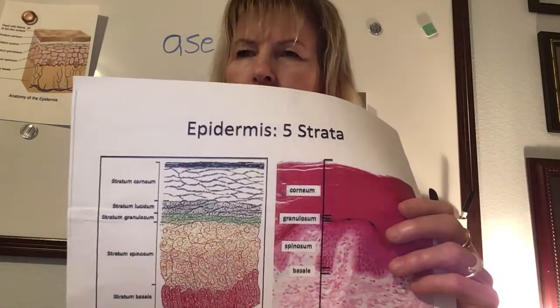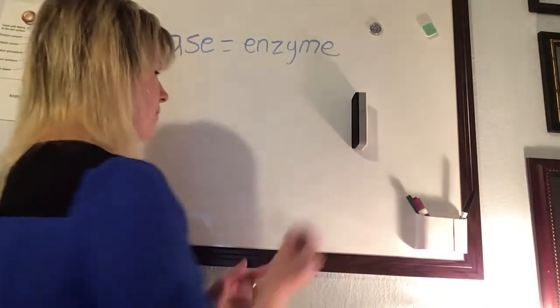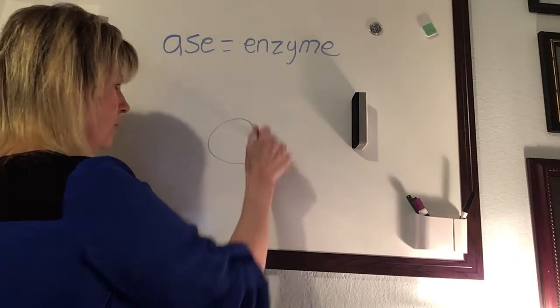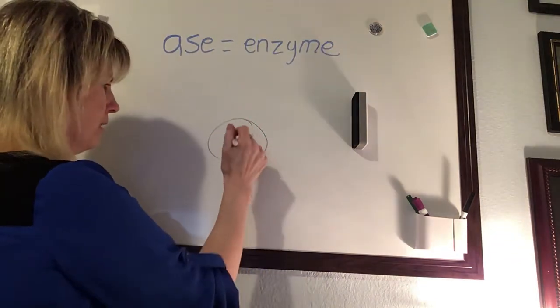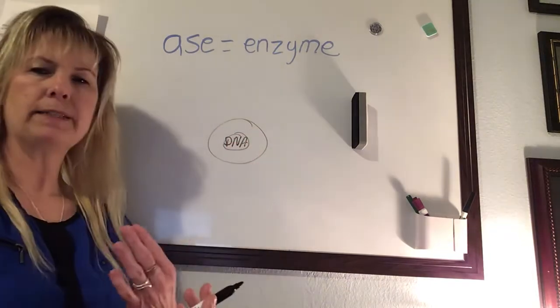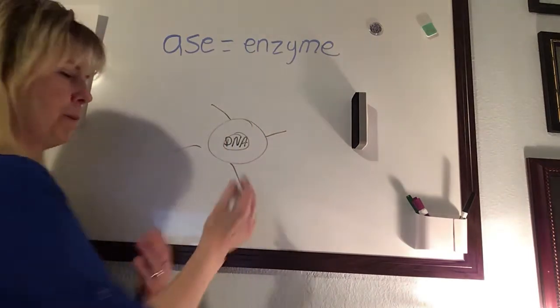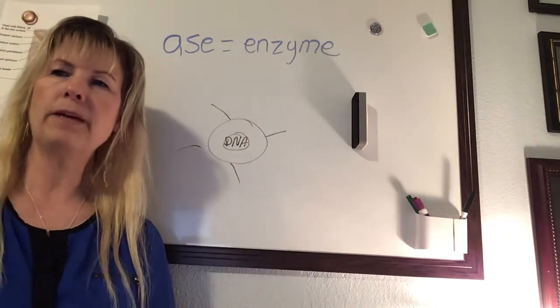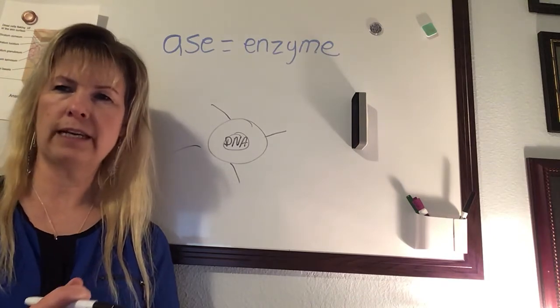It's called the spiny cells, and the reason they call them the spiny cells is because here I'm going to draw a circle to make my life easier, but this is a keratinocyte with the DNA in here. What happens is those cells start to grow little spiky appendages, and they become desmosomes that hold the cells together.